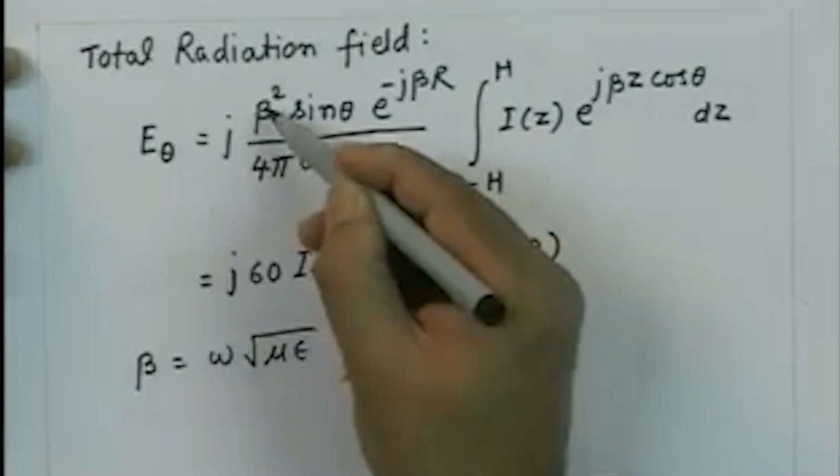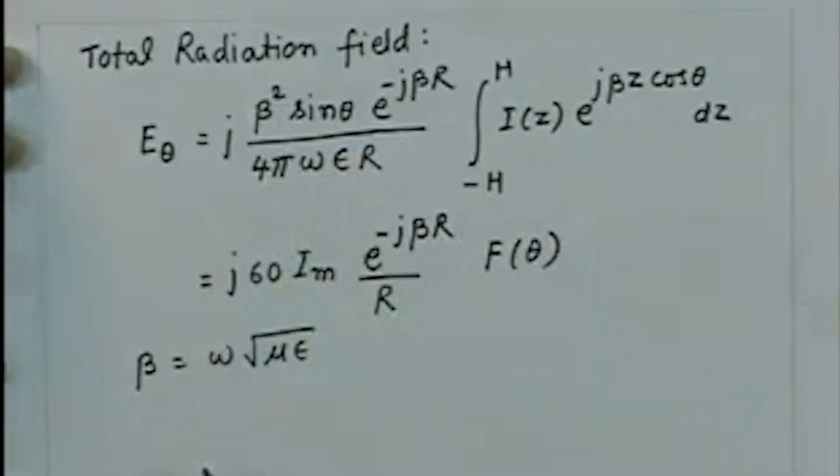So, we can take this term here beta square upon 4 pi omega epsilon.